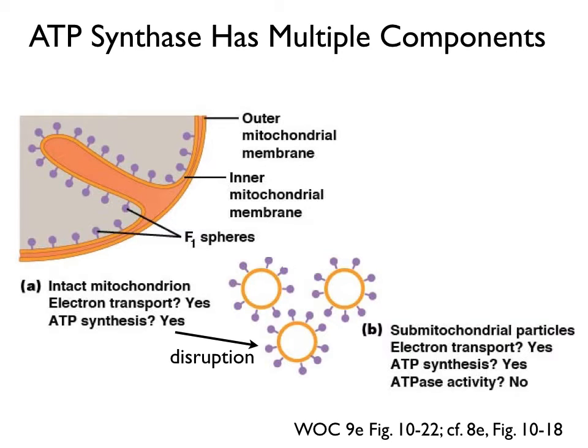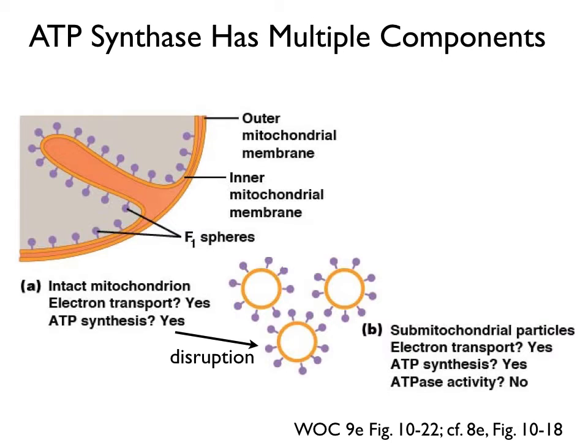So you can see those lollipops protruding into the matrix in part A in this diagram. So in an intact mitochondrion, we can measure the extent of electron transport by giving an artificial electron donor and measuring an output. There's a way to do this biochemically. The details are not something that we need to concern ourselves with. And if you measure whether electron transport occurs under those conditions, in an intact mitochondrion, of course, it does occur.